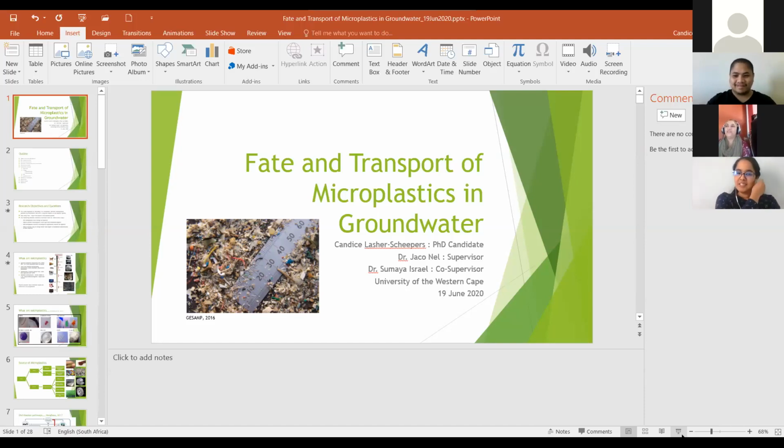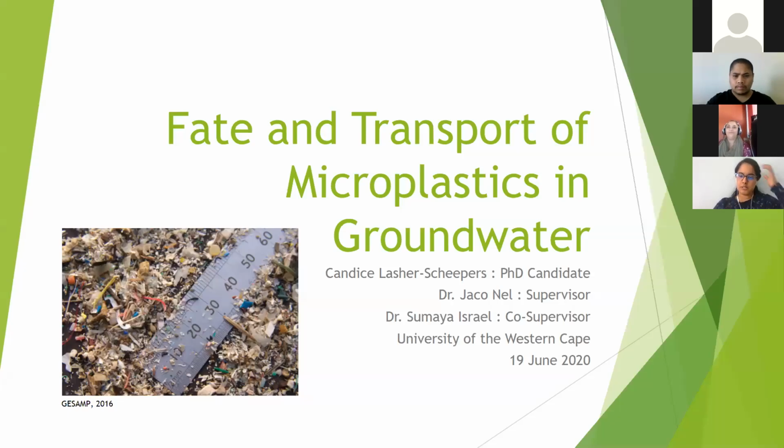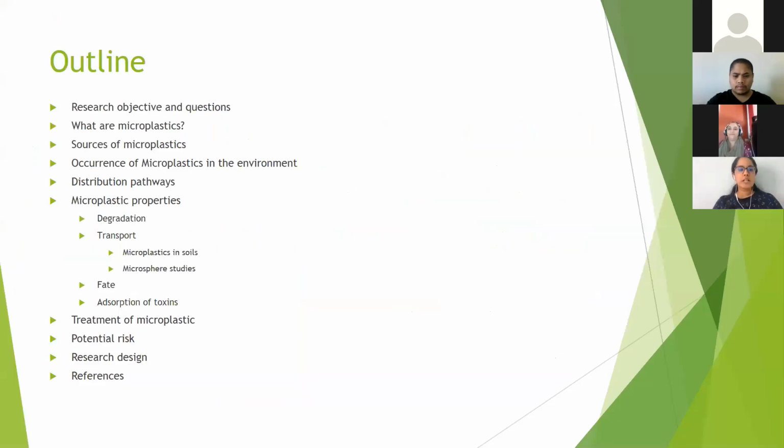So the title: Fate and Transport of Microplastics in Groundwater. I'll give you an overview of the literature review that I've done so far, and a little bit of progress to date in terms of the project and what we've done so far. I'll go through the outline quickly. We'll go through research objectives and questions.